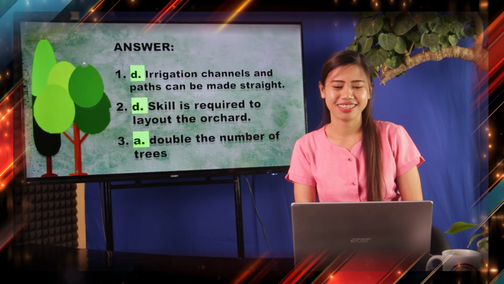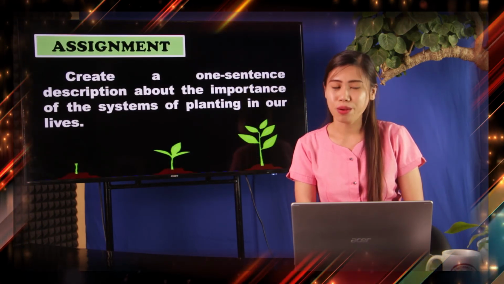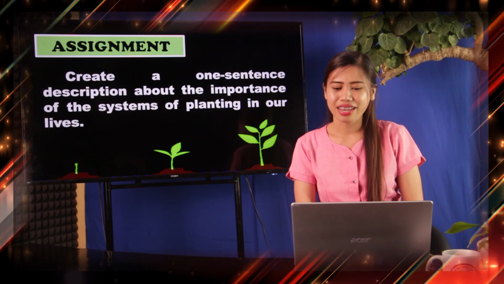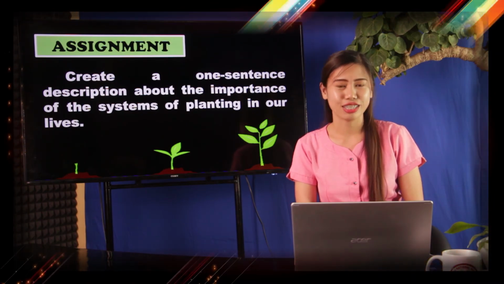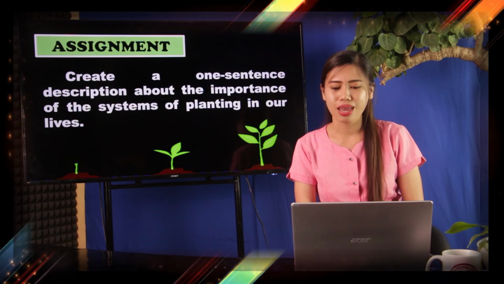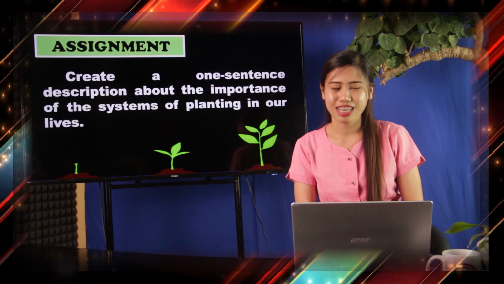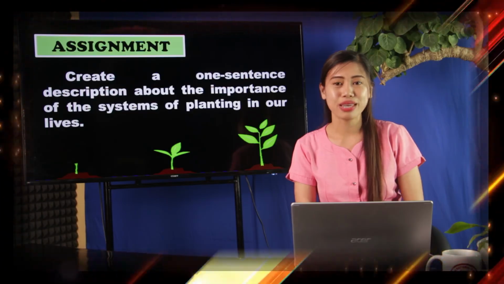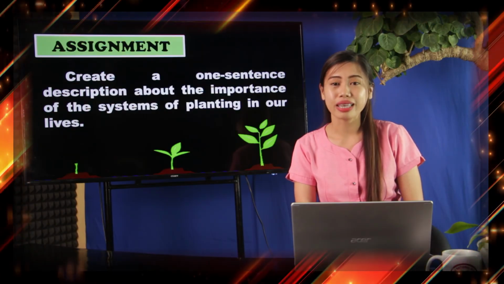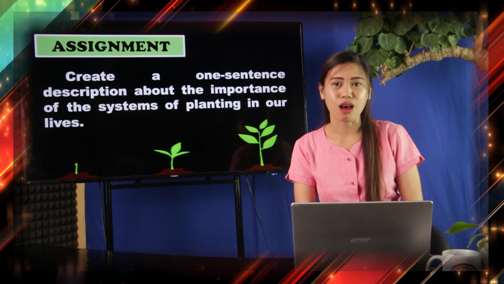At this point, for your assignment, create a one-sentence description about the importance of the systems of planting in our daily lives. You may write your answer on a piece of paper and submit it on the day of the submission of output.